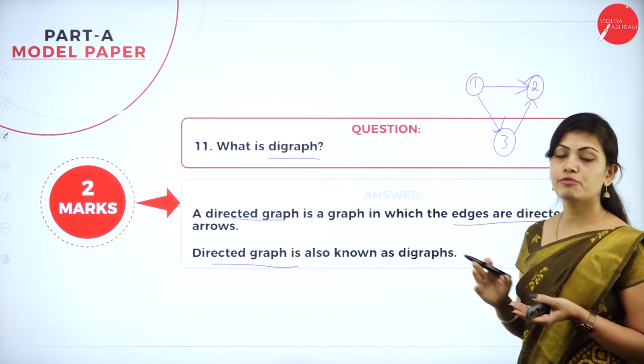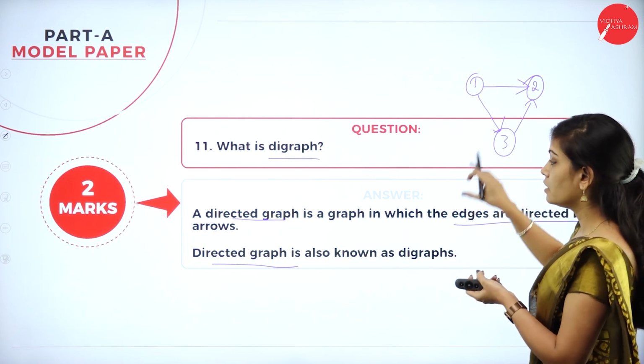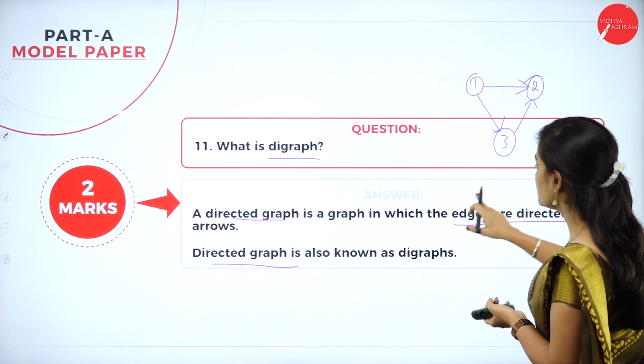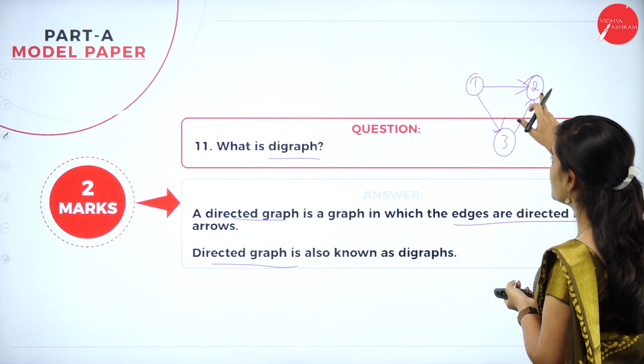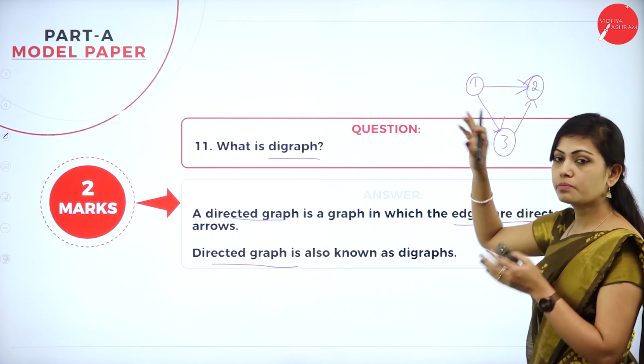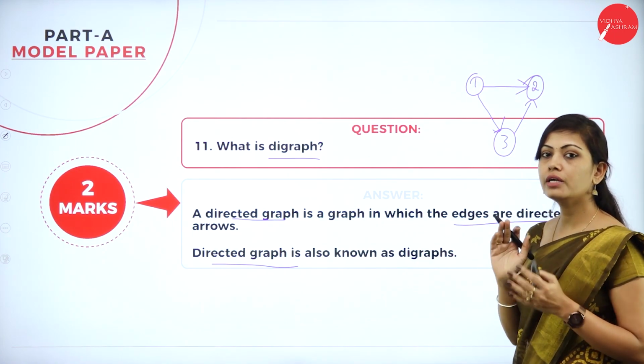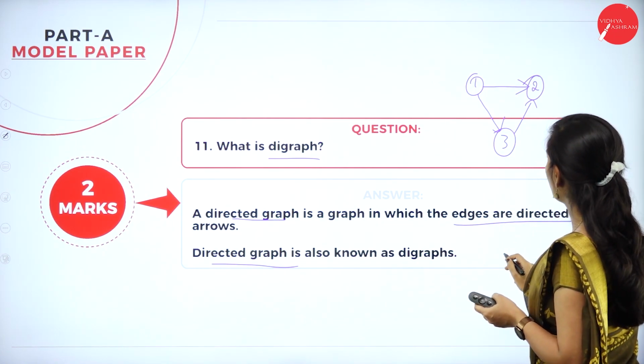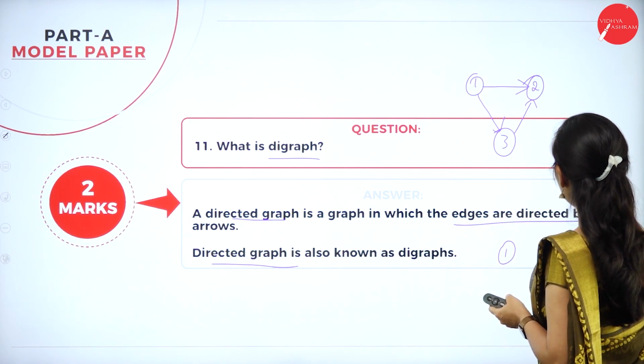So it is an example for a digraph or directed graph. Clear? A graph in which edges are directed by arrows is a digraph or directed graph. I'll write one more graph here.